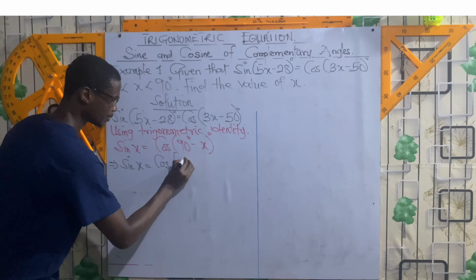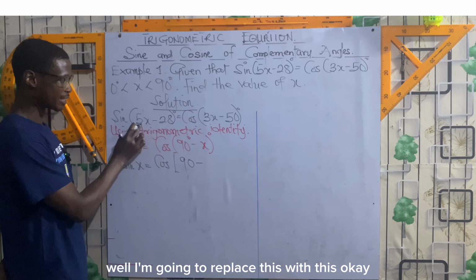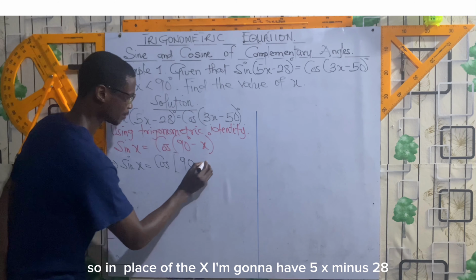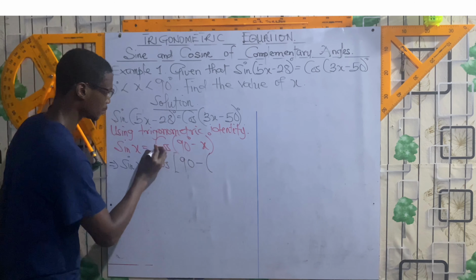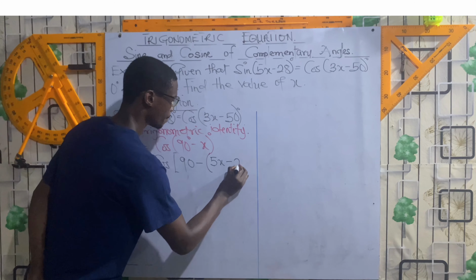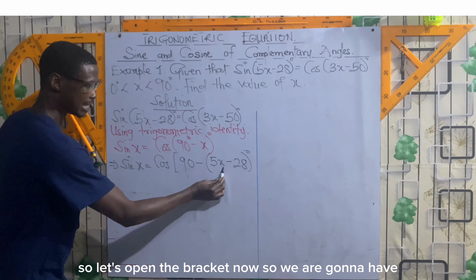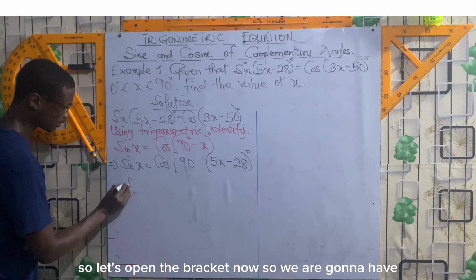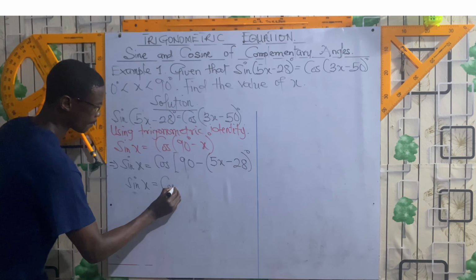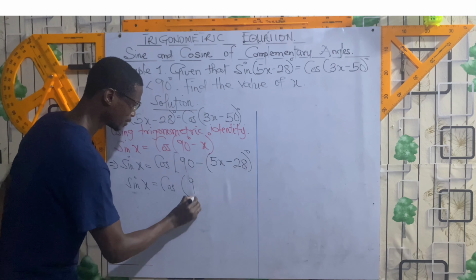So in place of the x, I'm going to have 5x minus 28, in degrees. So let's open the bracket now.